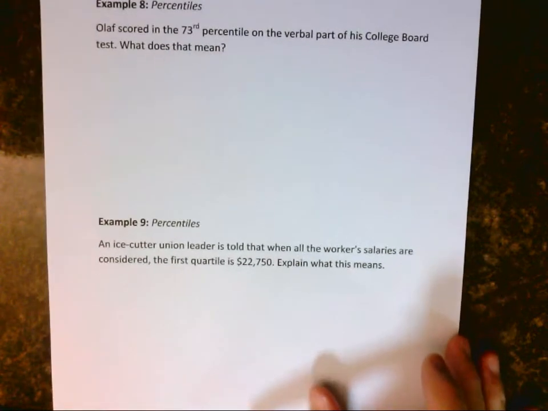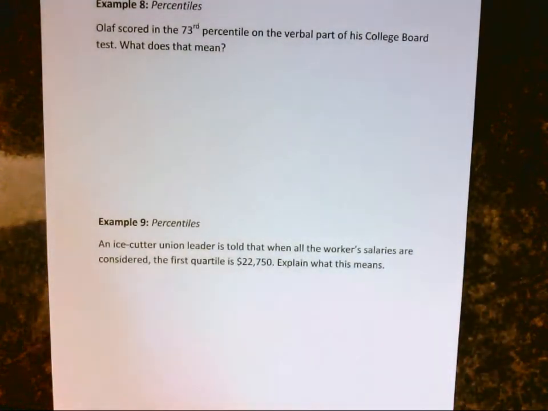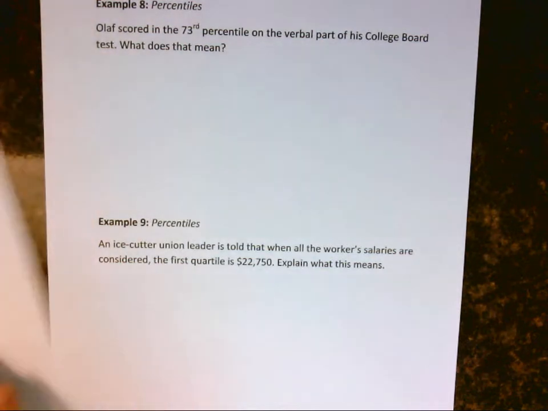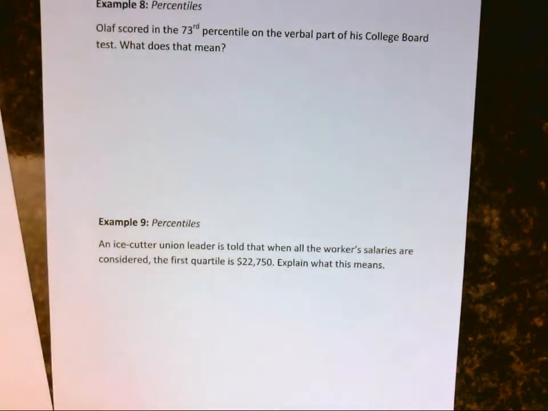Olaf scored in the 73rd percentile on the verbal part of the College Board test. What does that mean? If you're in the 73rd percentile, what does that mean? You will need to write an answer like, he scored above approximately 73% of all the students who took the test.